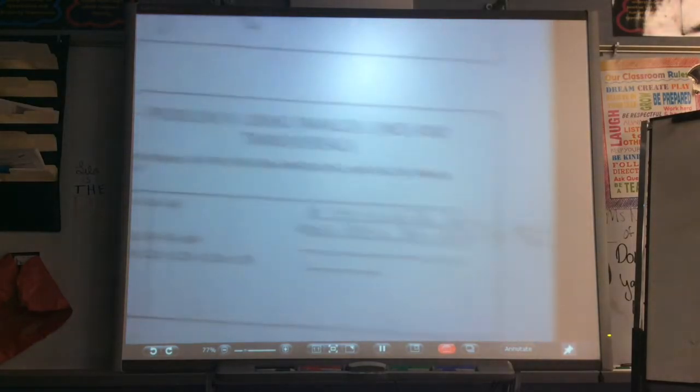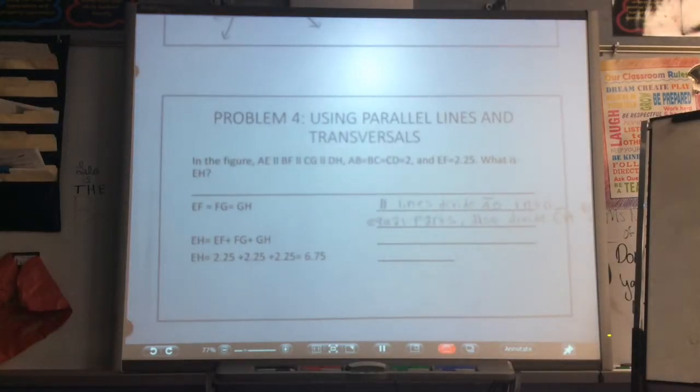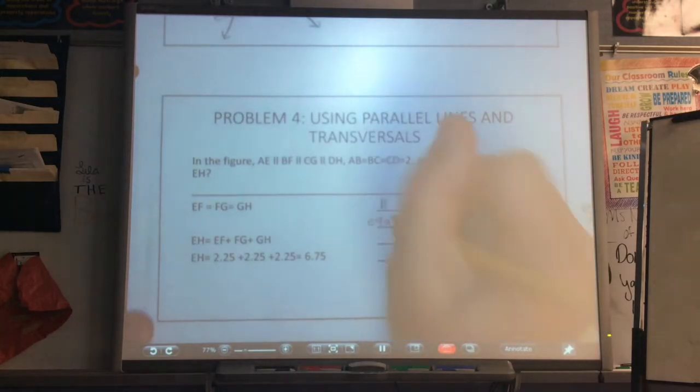So the next step is EH equals EF plus FG plus GH. So that's the segment addition postulate. We'll just add the segments together.